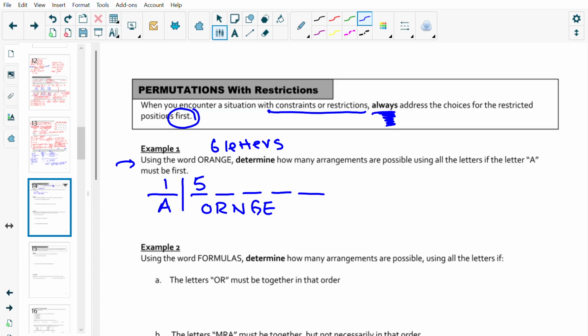We want possible different arrangements, so 5 times 4 times 3 times 2 times 1. There are not going to be repeats. So 1 times 5 factorial equals 120.